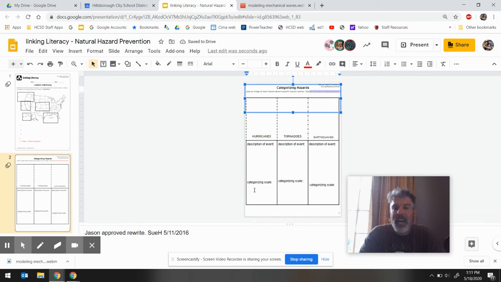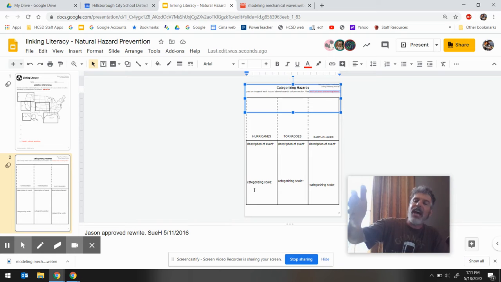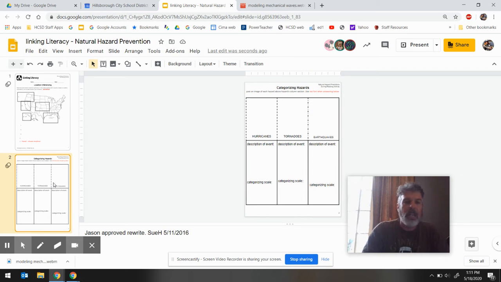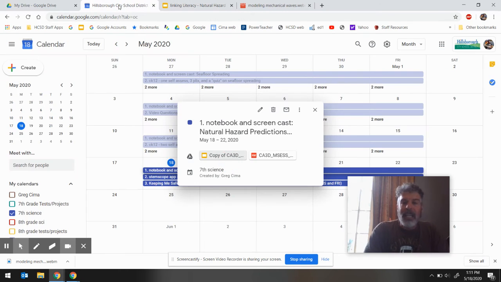And then you write down the categorization scale, what it's called, and what the different things are. I'm going to give you a category 5 hurricane. What does that mean? You write down some scaling in terms of how it's all figured out. Then you've got tornadoes and earthquakes, 3 big disasters. That is Monday's lesson.